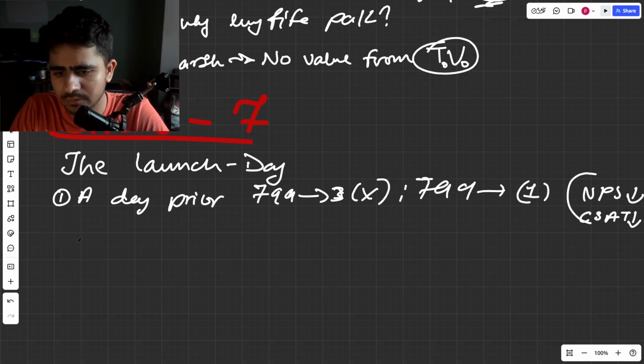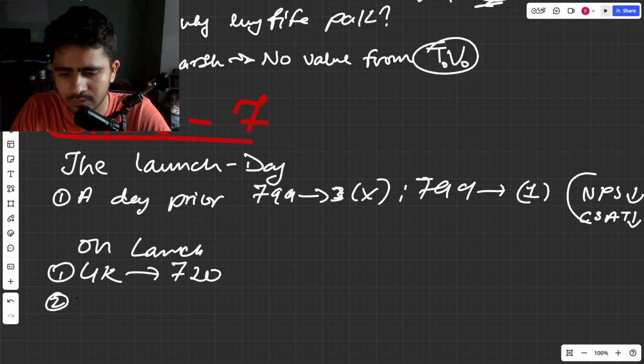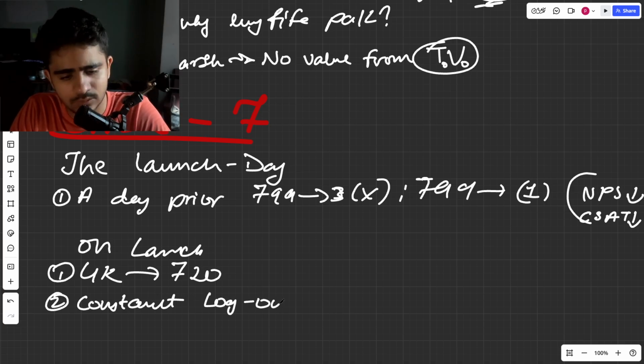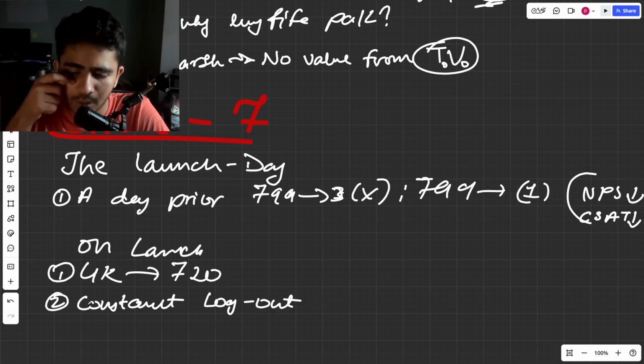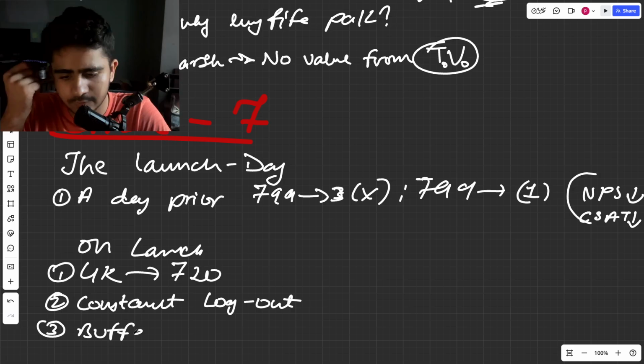Right, on launch, 4K became 720, constant logout, buffering.